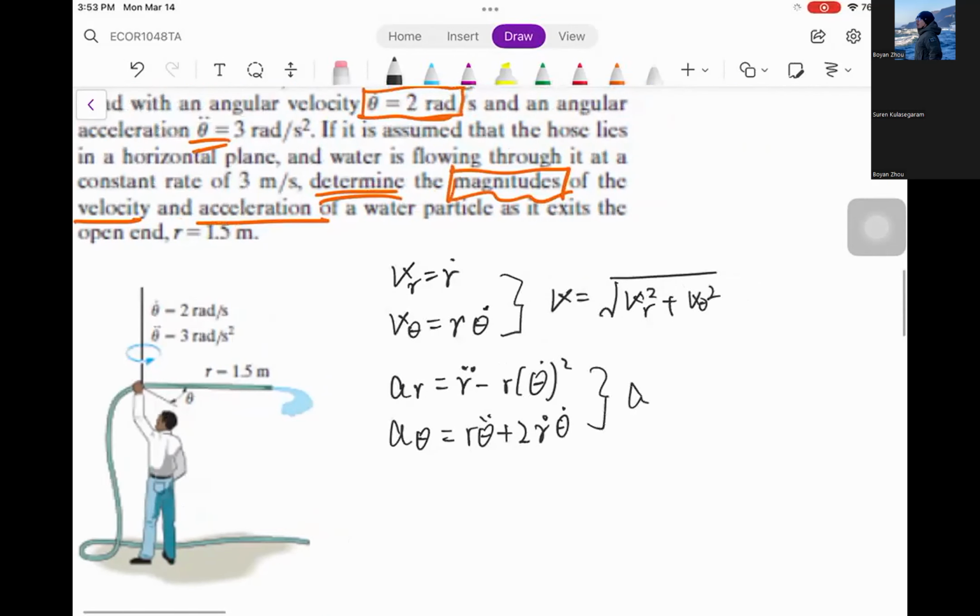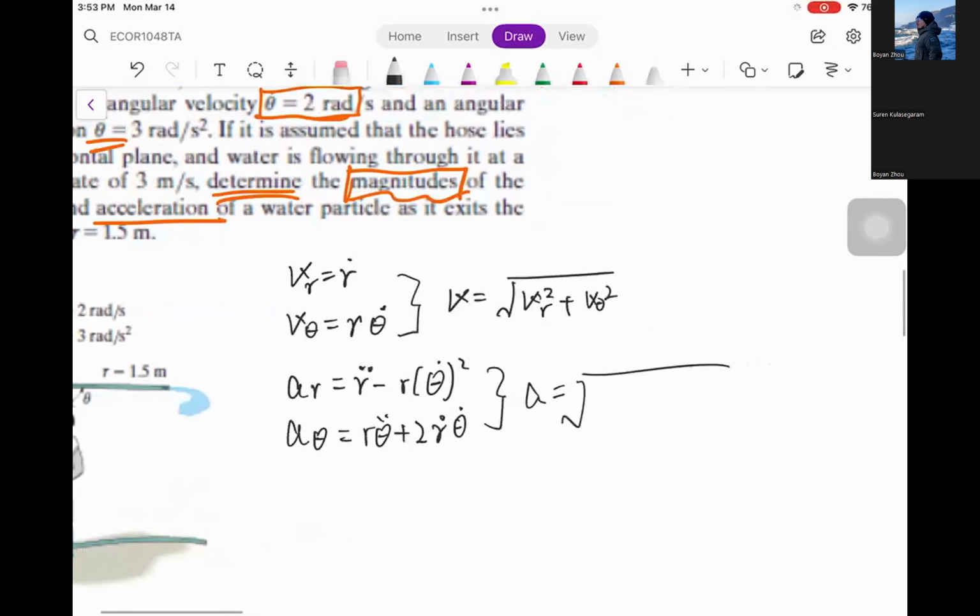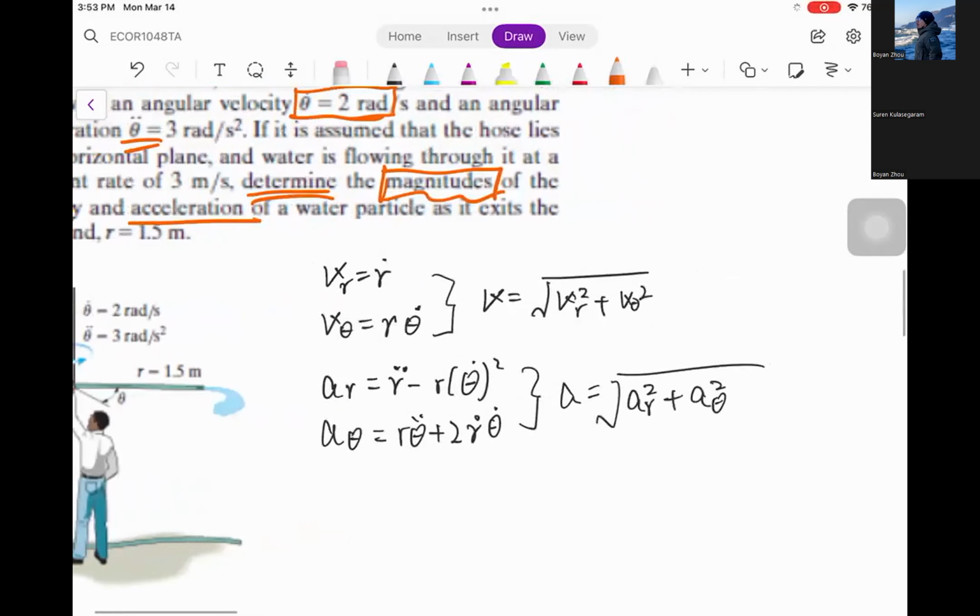And the resulting acceleration is the combination of these two accelerations. So essentially you just need to find out what R dot is, what theta dot is, and what theta double dot is.